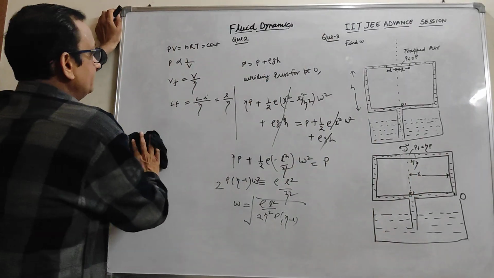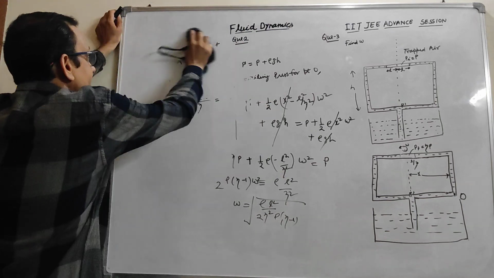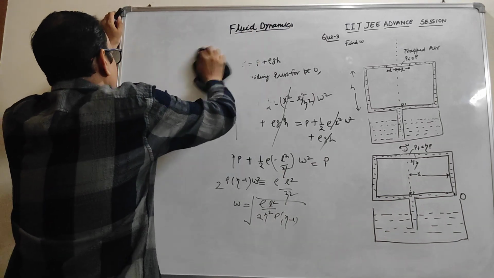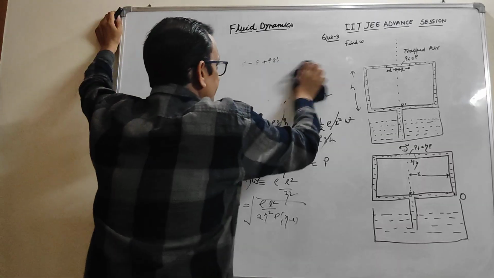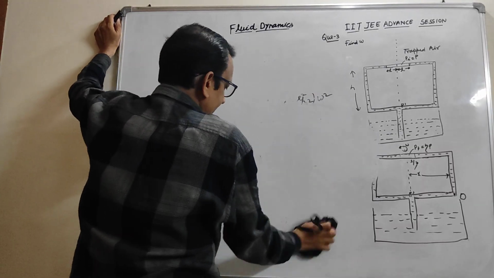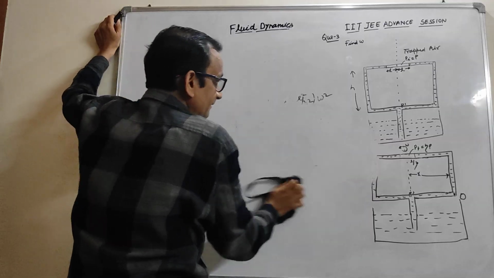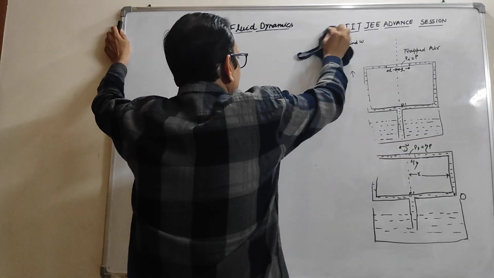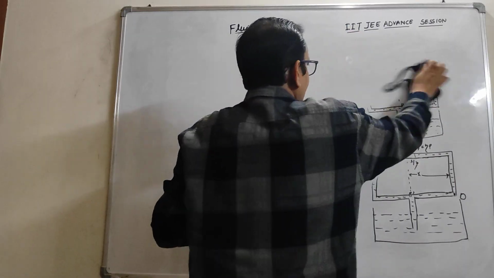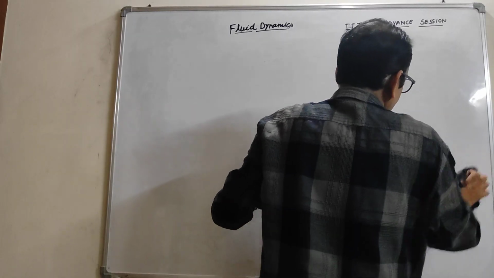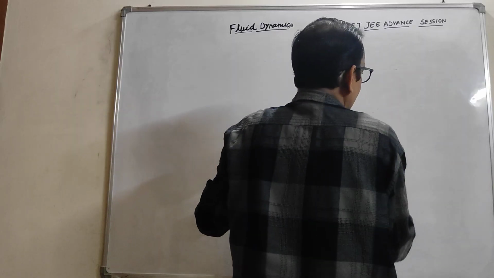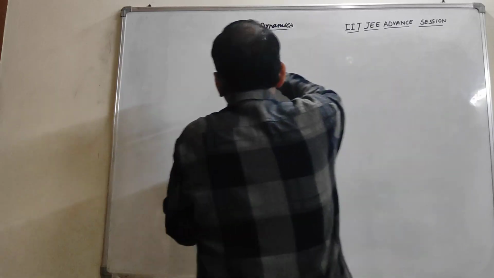So next problem, question number 4. In this problem we take a container, and a small slit is made at the bottom of the container.